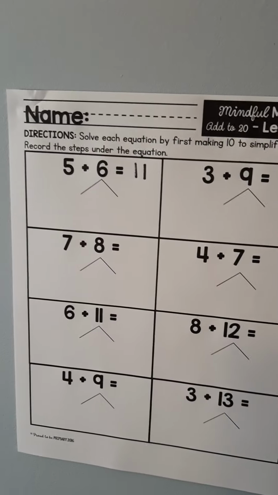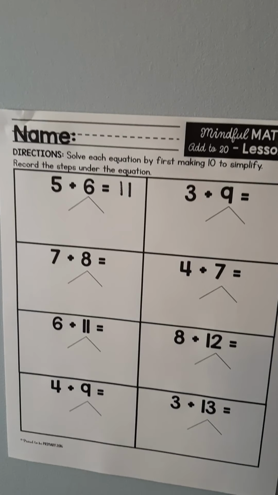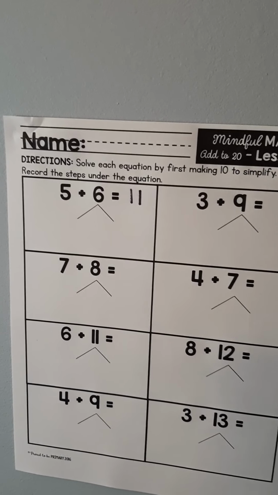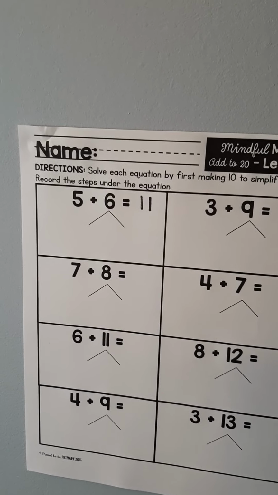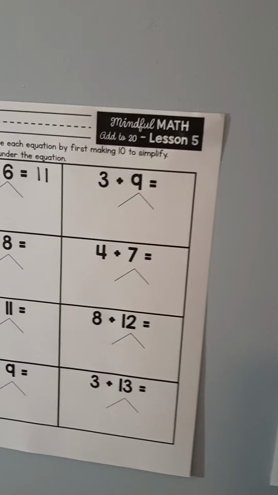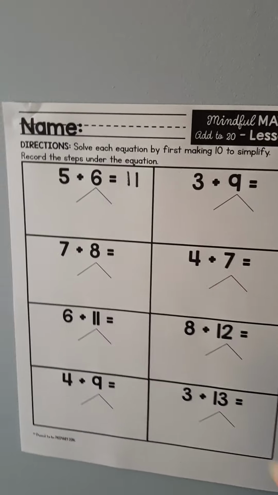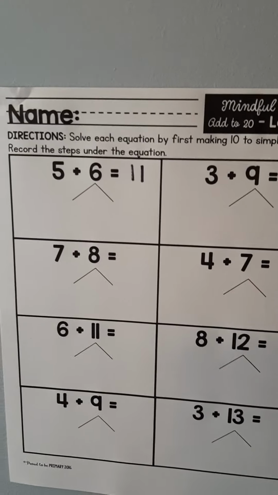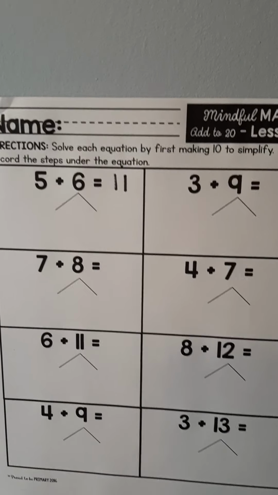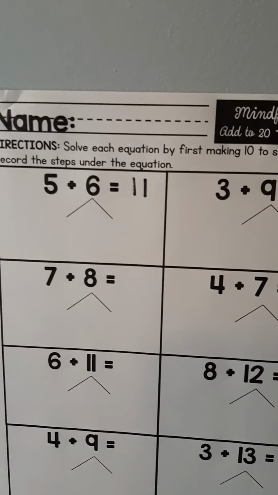Do you remember yesterday we practiced adding any number to 10 and I taught you a trick where whatever number you're adding ends up being the number in the answer that goes in the ones place. So like 10 plus 1 is 11 and 10 plus 2 is 12, like that. That's what they're trying to get you to remember to do here. They're trying to get you to make 10 first because then adding on a number is easy, okay?